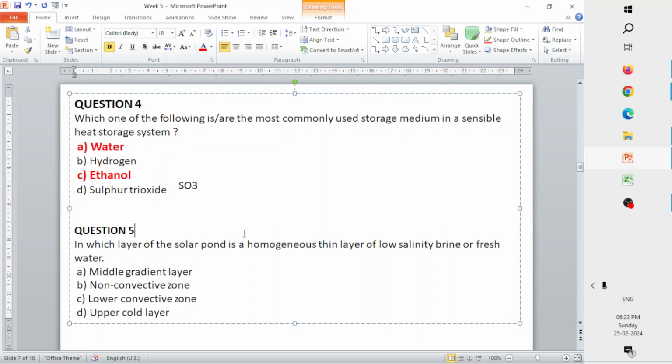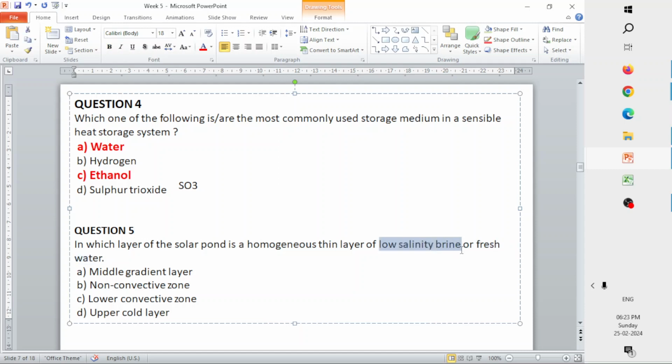This will be a simple question, because we only now discussed the concept of solar ponds and the different sections of the solar ponds. The question is, in which layer of the solar pond is a homogeneous thin layer of low salinity brine or fresh water? Low salinity brine means the concentration of the salt in that water is low, or nothing, same as that of fresh water.